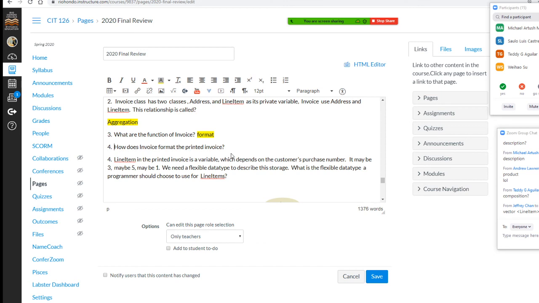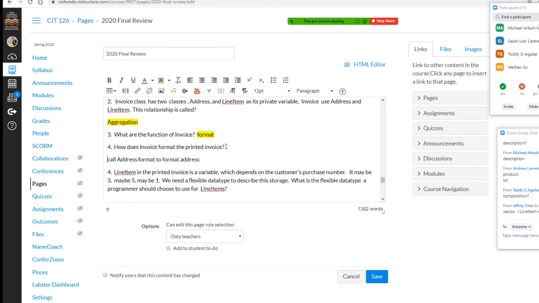It calls the address format to format address. Understand that? So you don't format yourself. The address class formats address.